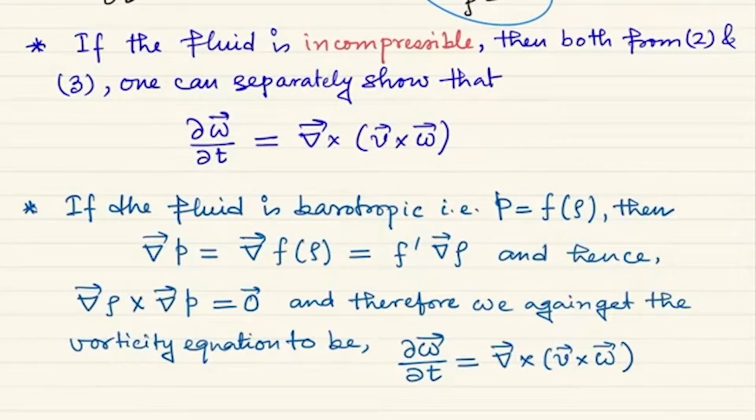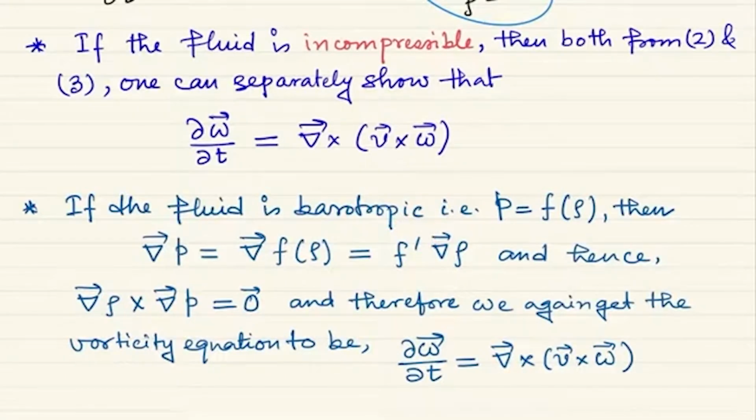And then you can always write gradient of P is equal to gradient of that function, P equal to f of rho, which is nothing but f prime, the total derivative of f with respect to rho, times gradient of rho. That is, df d rho is nothing but this f prime.